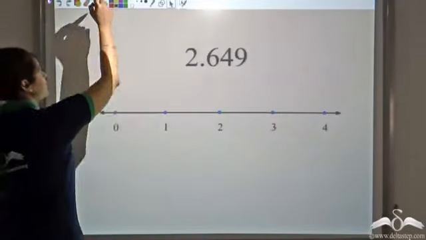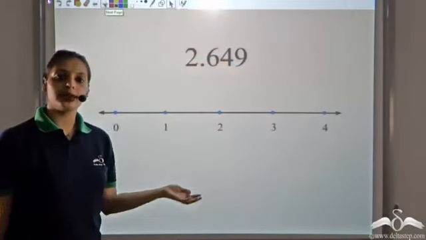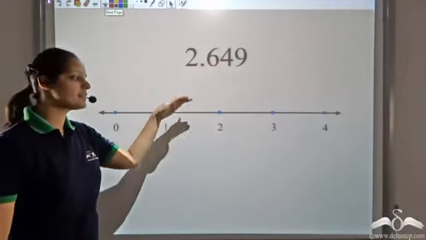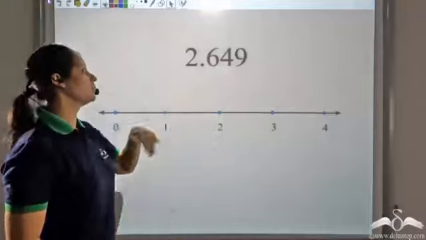Now let us try to see the same number 2.649 on a number line. Let us see how each digit adds different size dimensions and different size divisions to this number.